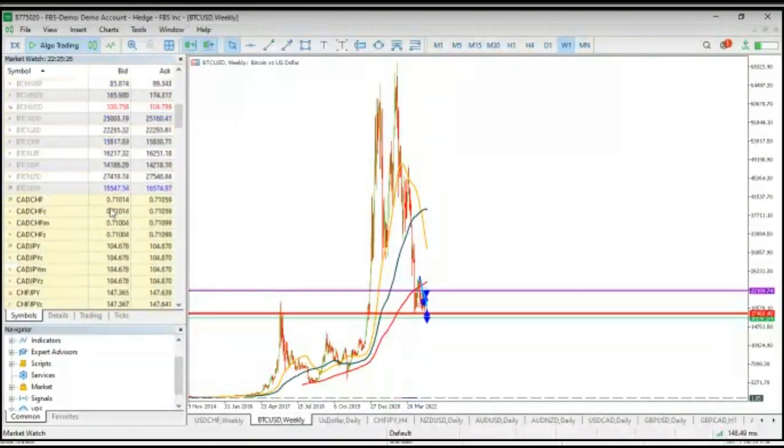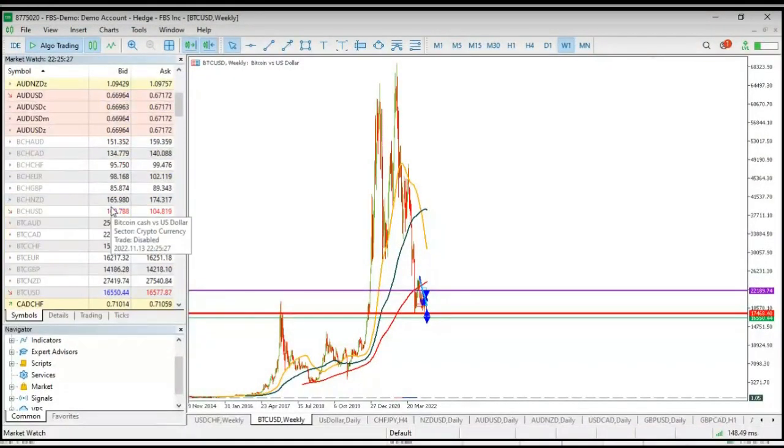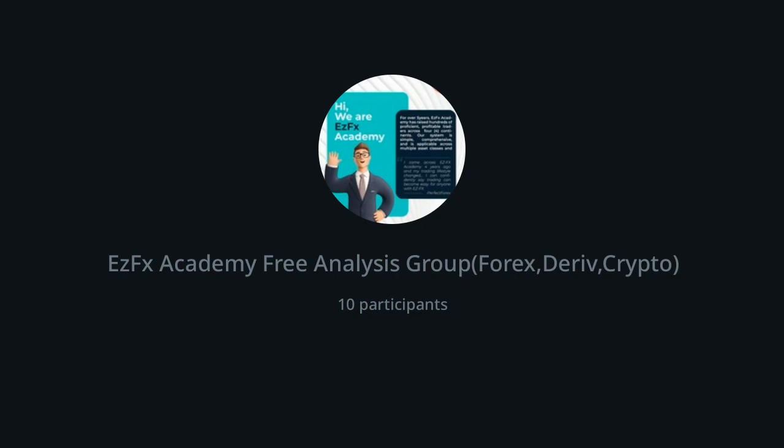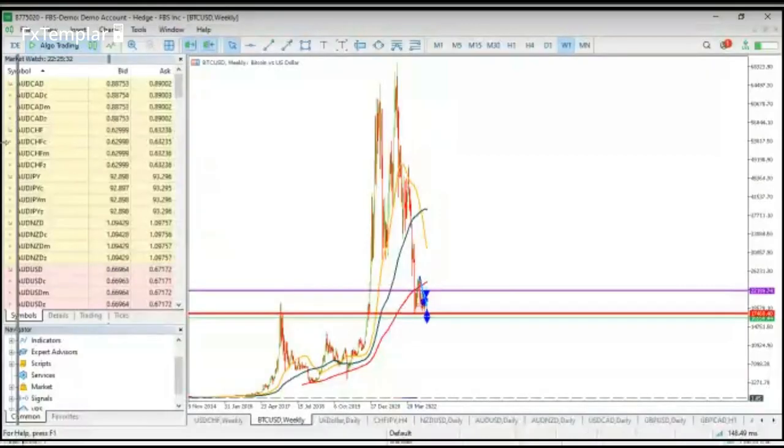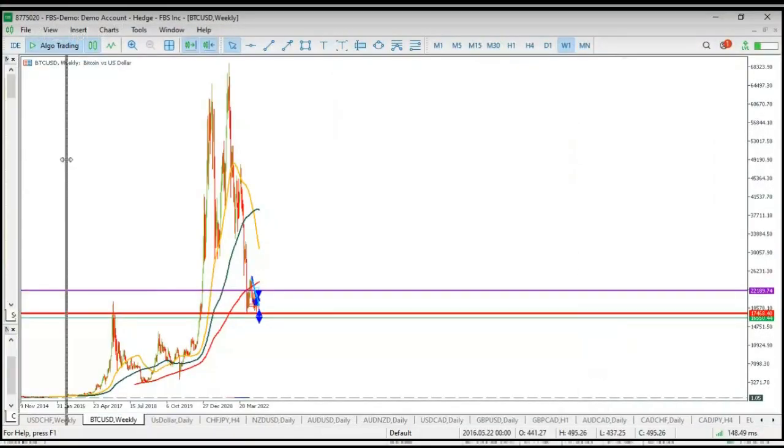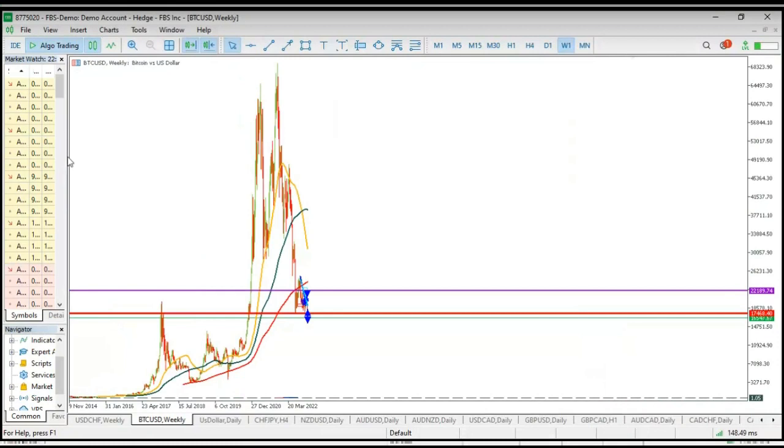However, if the dollar is supposed to get a bit weaker, it means you can buy US 100 a little bit until price gets to the other block. The same thing applies for US 30. If the dollar is weak, US 30 and US 100 should buy, and you can easily correlate that with the US dollar chart.